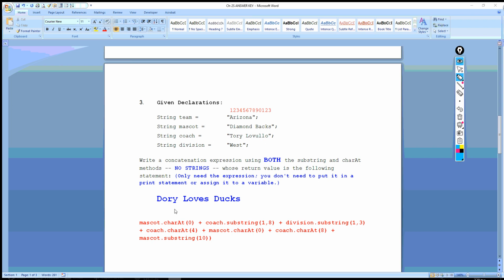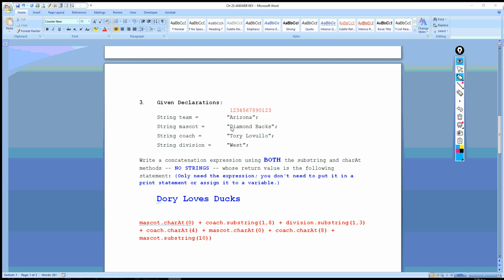So what happens is, for the capital D, you see it is up here. This is the only capital D there is. There is not an O after it, so we can only do one character in this particular case. That's why we use charAt, because it produces the one character from position 0 in this case.